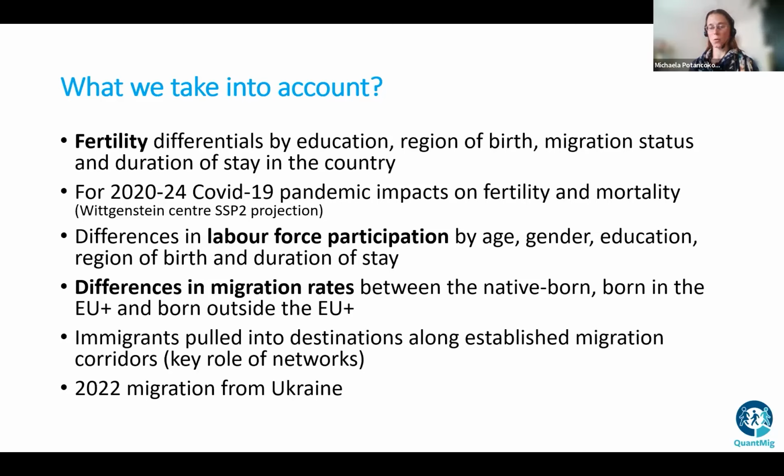So for example, when we are talking about inflow of immigrants into the EU from different countries, we need to somehow model into which destinations these people would arrive. And we do this through the established migration corridors. And we have also heard a lot in the morning about the key role of networks. So when we are modeling the shock from a certain region, these people disperse into our 31 European countries according to these established corridors based on what we know from the past migration flow data.